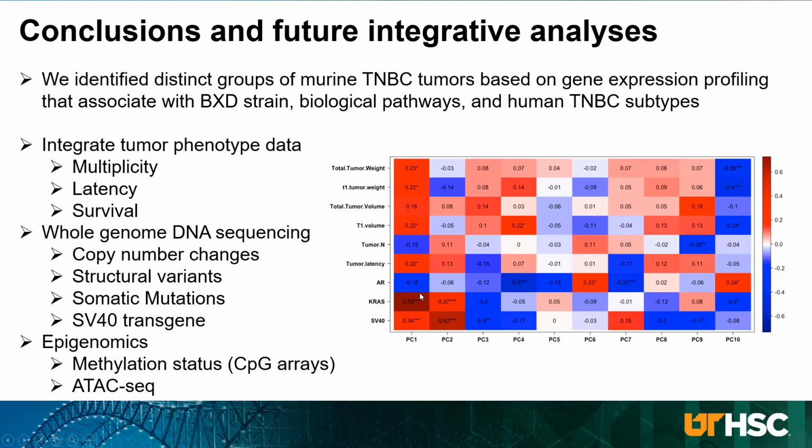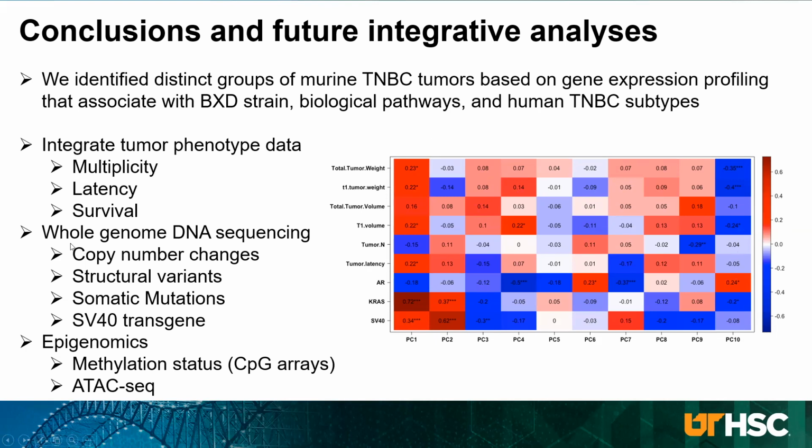It's also heavily correlated with KRAS, and almost all of the phenotype markers we have seem to go with this. So I think there definitely should be more analysis to try to integrate my gene expression classes with some of the other phenotype data points that we have.